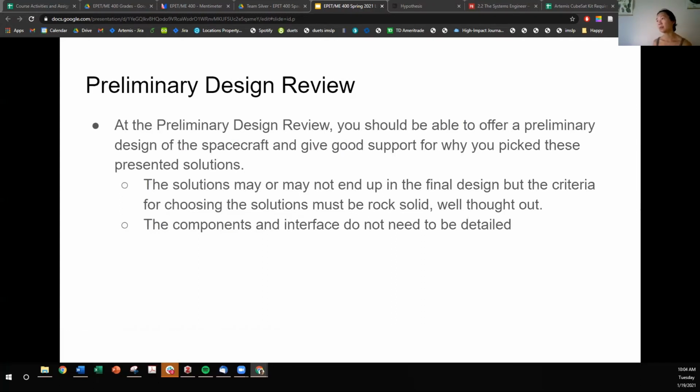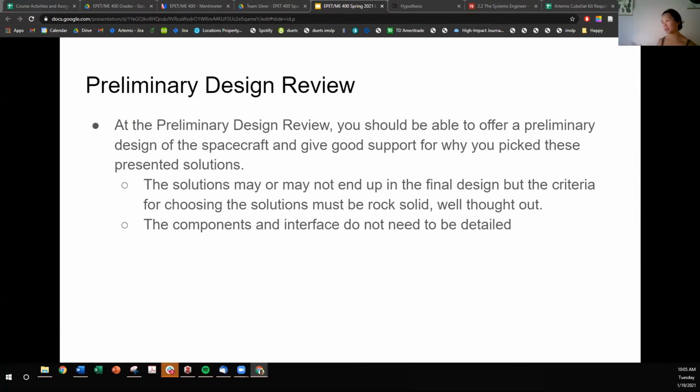Okay, the preliminary design review, a sneak peek into something you'll do later on in the semester. You should be able to offer a preliminary design of the spacecraft and give good support for why you picked these presented solutions. Note that the solutions may not be in the final design, but the criteria for choosing the solutions must be rock solid and well thought out. So this is the criteria.